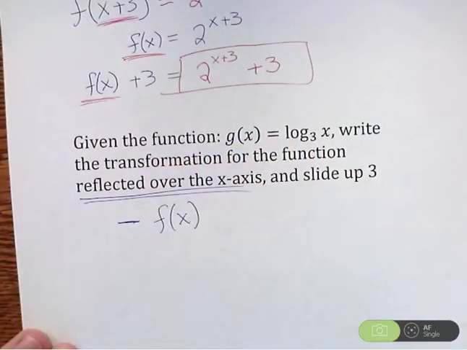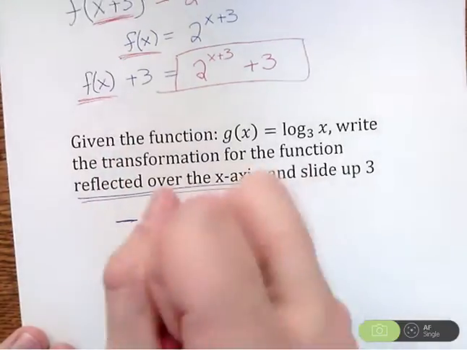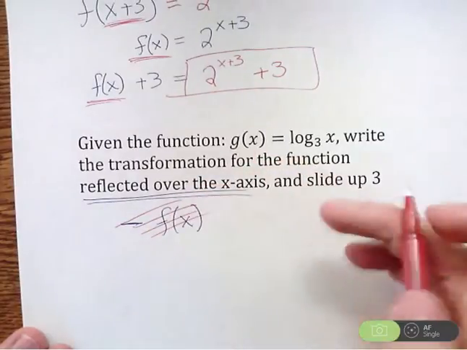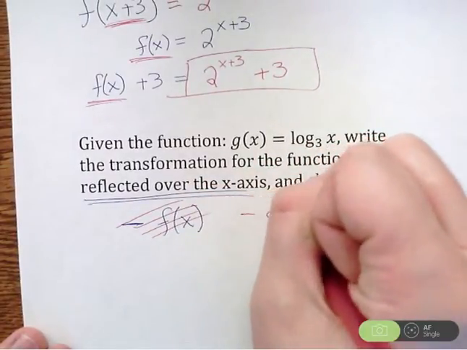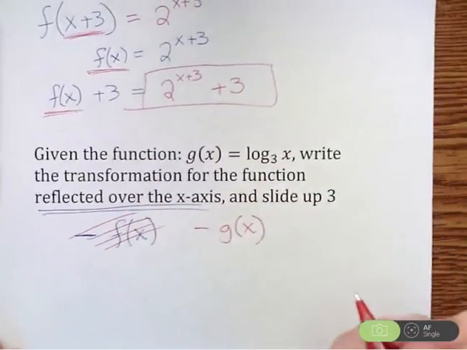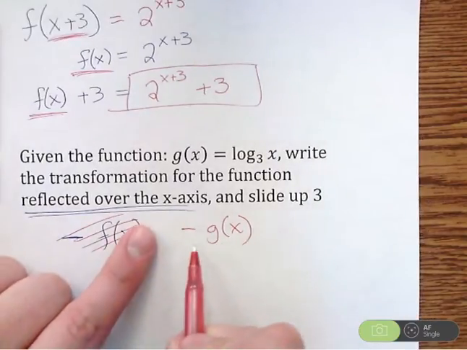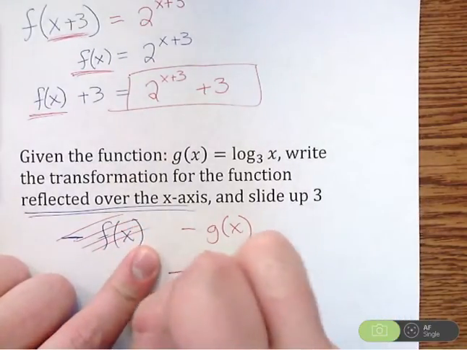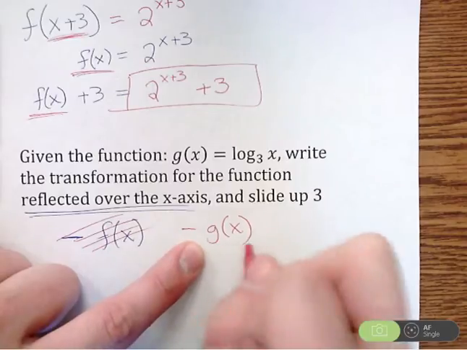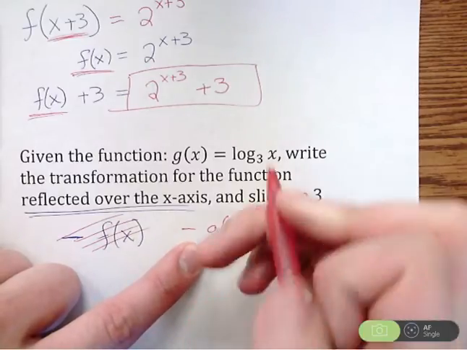I'm going to write this one a little bit differently, just to show you a different way of writing these out. Maybe it might be easier for you. Well, actually, I don't want that because we're dealing with g of x. So to be a little bit more precise, it's negative g of x. So what I'm dealing with here is, well, I have a negative out front, but now I have g of x. So I'm going to write what g of x stands for.